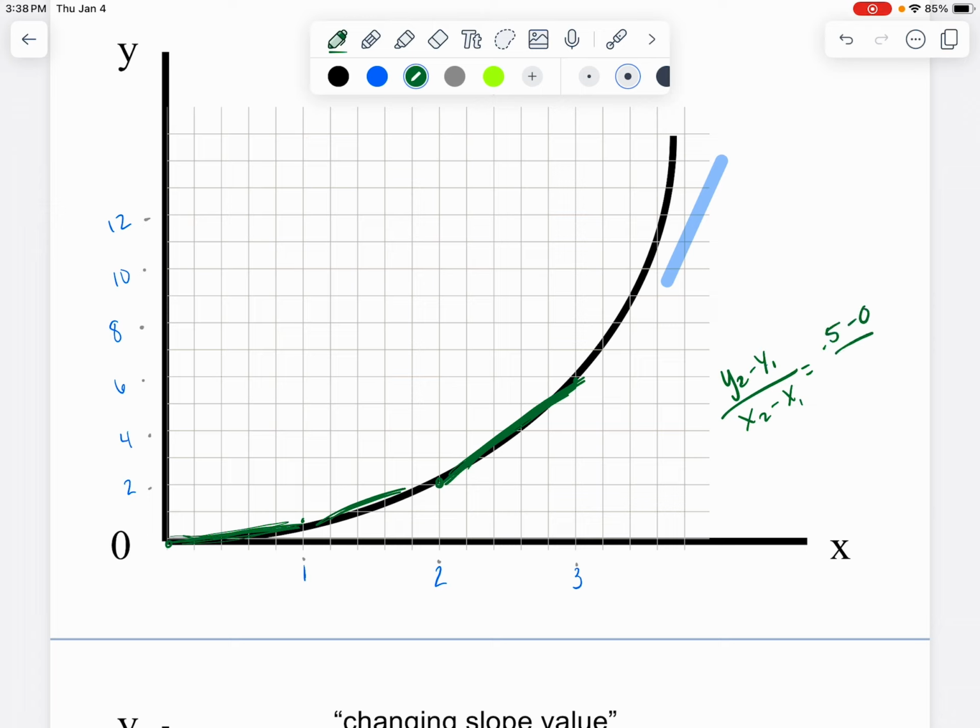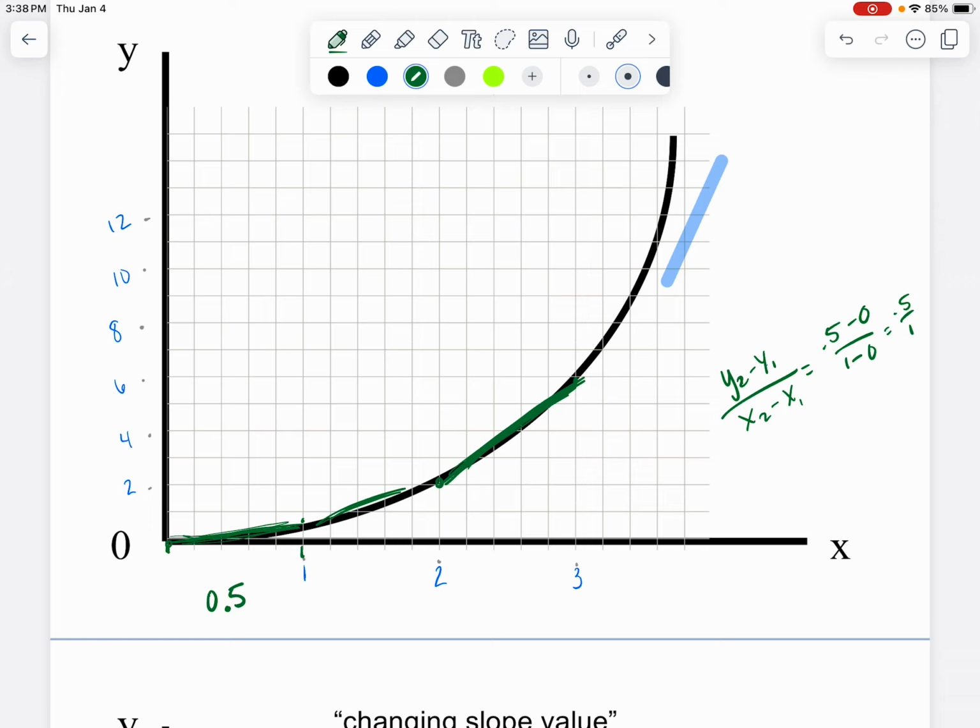So 0.5 minus 0 over 1 minus 0, because we're going to go from 0 to 1 right here. This is going to give me 0.5 over 1. So that's just going to be 0.5. So my slope here would be 0.5.